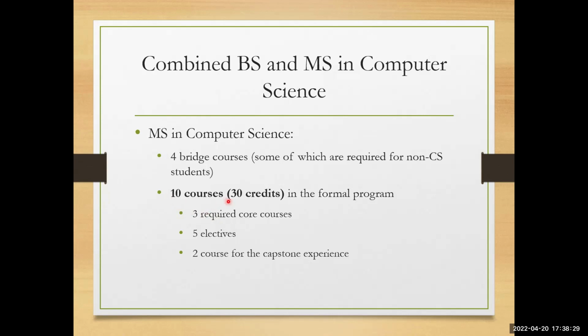Among these 10 courses, we have 3 required core courses, 5 elective courses, and 2 courses for the capstone experience. Again, the MS in Computer Science program requires 30 credits.